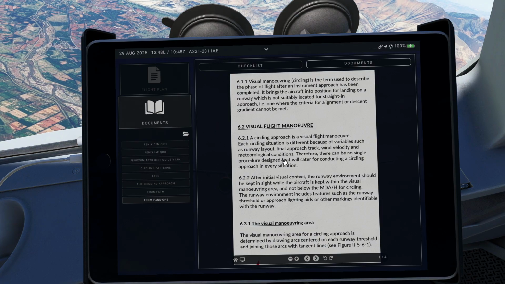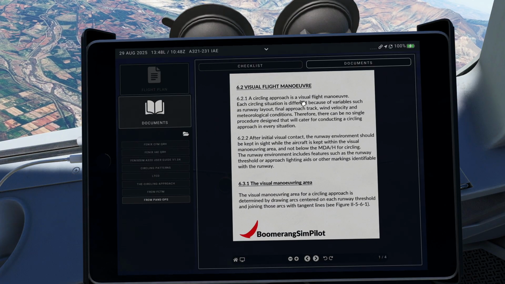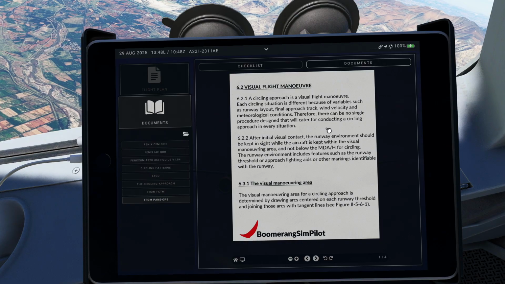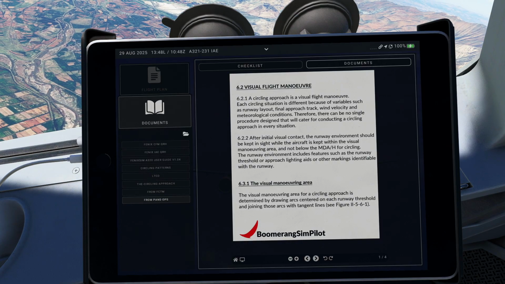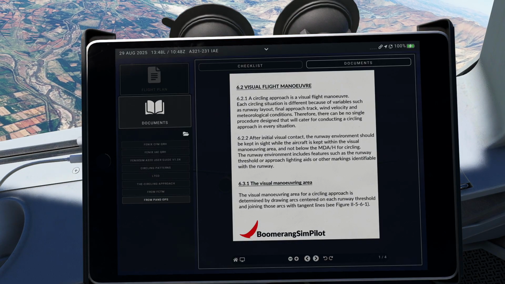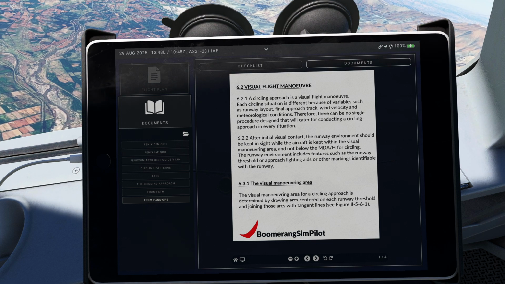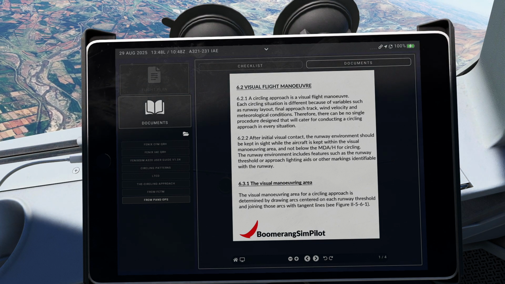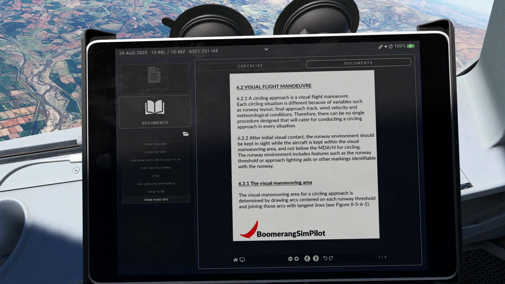A circling approach is a visual flight maneuver. Each circling situation is different because of variables such as runway layout, final approach track, wind velocity, and meteorological conditions.